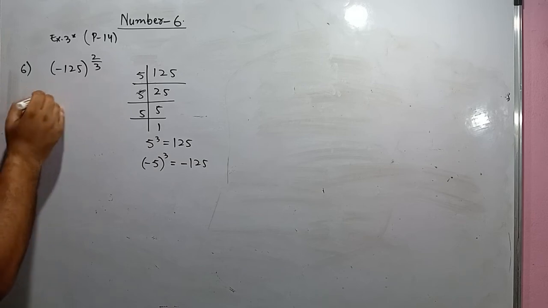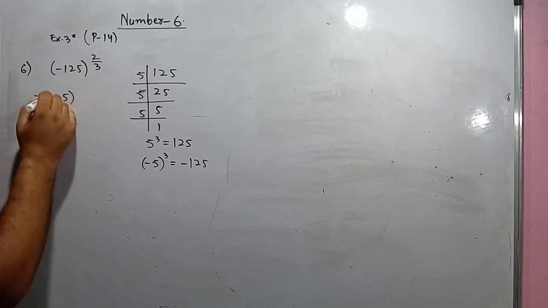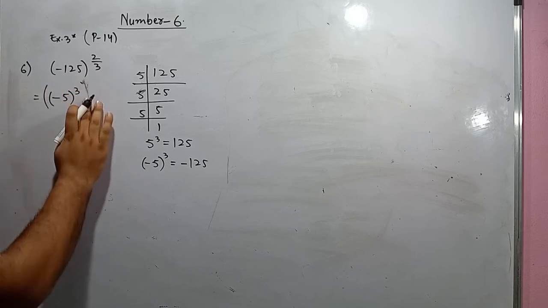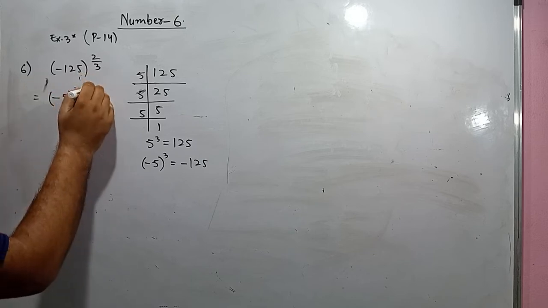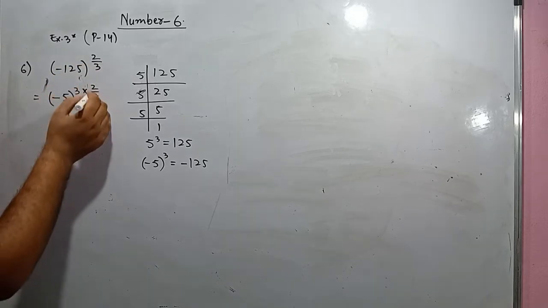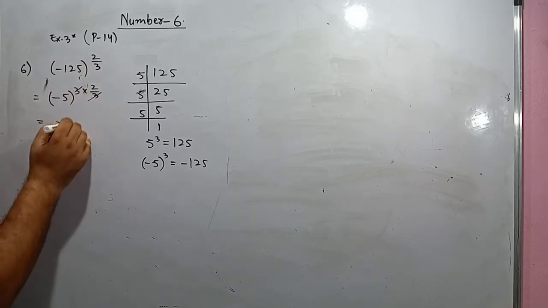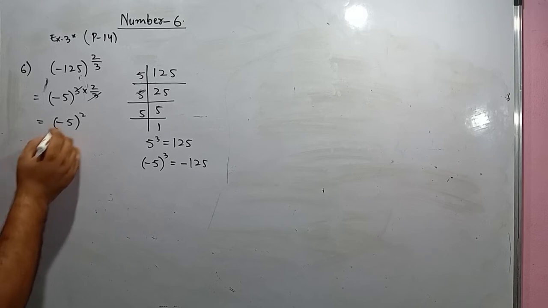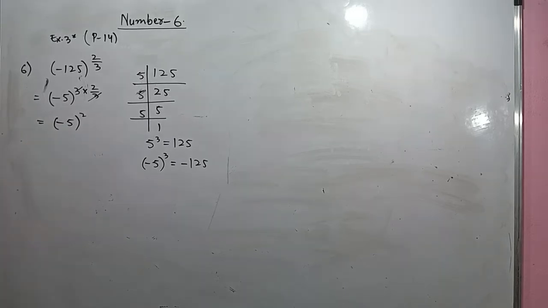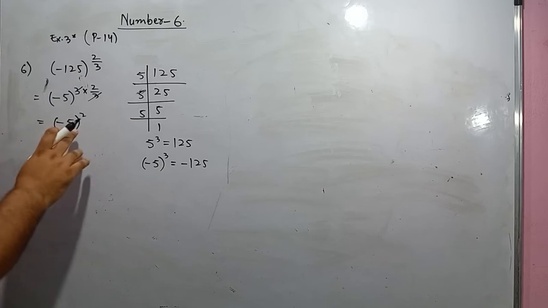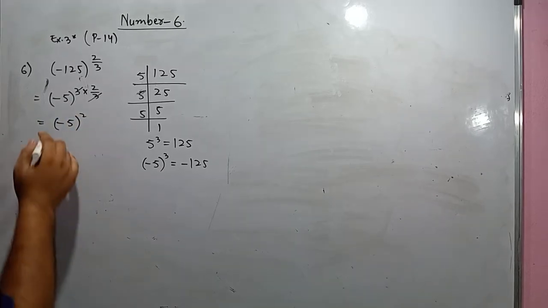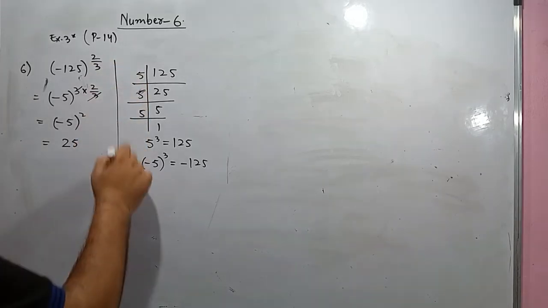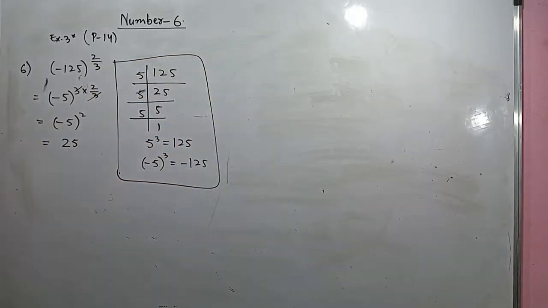So I can write here minus 5 to the power 3, whole power 2 by 3, because I know there is multiplication between these two. 3 cancels, it's power 2, that's minus 5 whole square. That is 5 5s are 25, that's positive. That's plus 25. So this was about the question number 6.